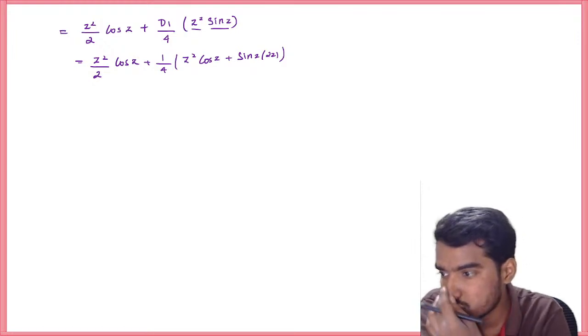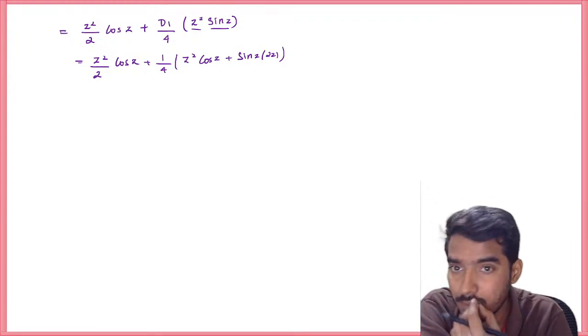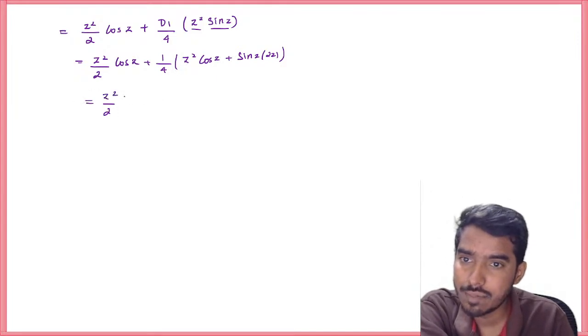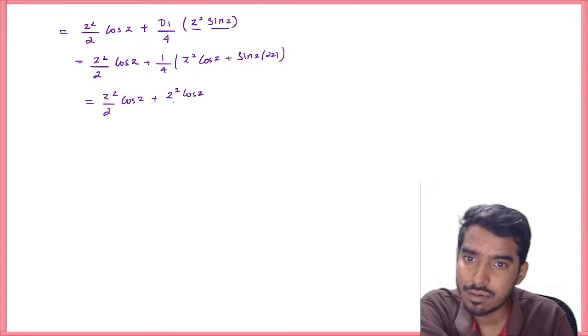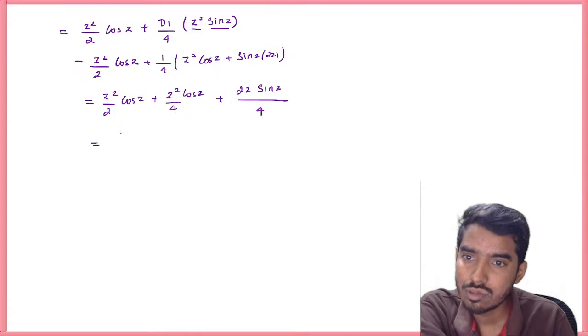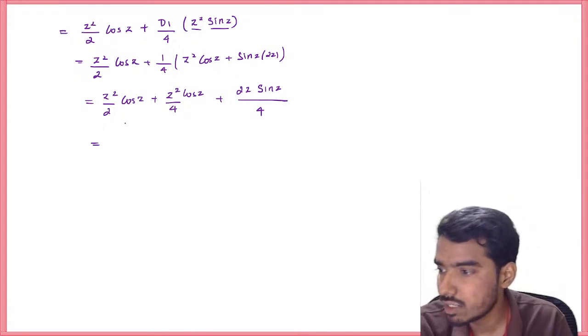So 1 by 4, this is z square by 2 cos z, z square by 4 cos z, 2z sin z by 4. Okay, done.